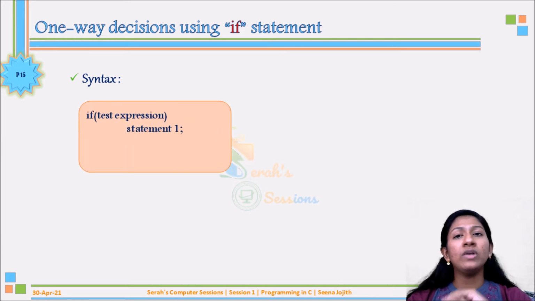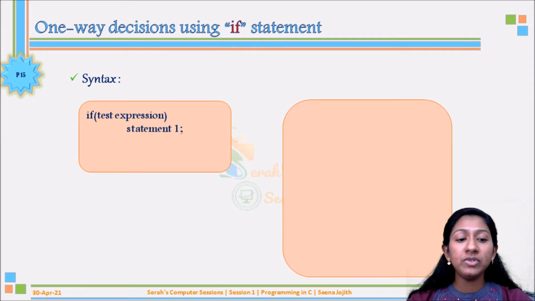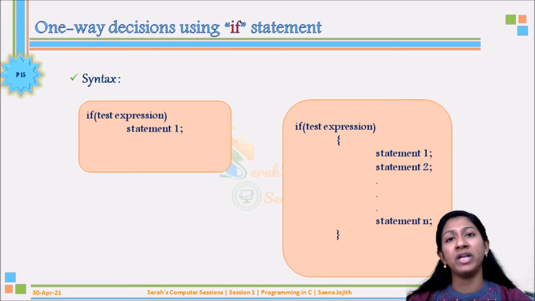So if there is only one statement that comes in association with the if statement, you need not put a pair of curly braces. But if you have multiple statements inside your if statement, you have to include curly braces, like statement 1, statement 2, till statement n. Obviously you have to use a pair of curly braces and group them so that it becomes a block.